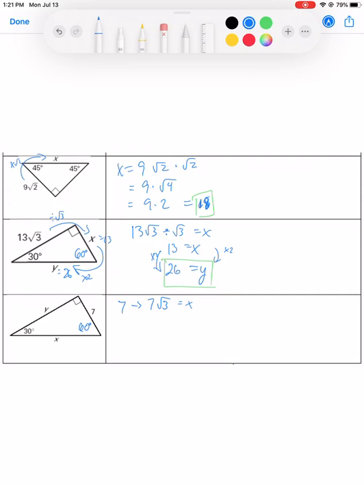So if the short leg is 7, the hypotenuse is twice that. Twice 7 is equal to 14. And that will be our answer.